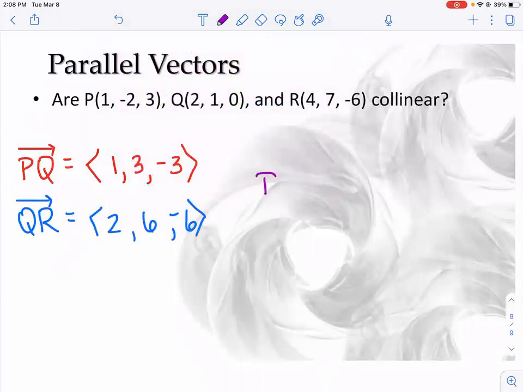What's true about PQ and QR? They're parallel. Notice how we can multiply PQ by 2 and we get QR.